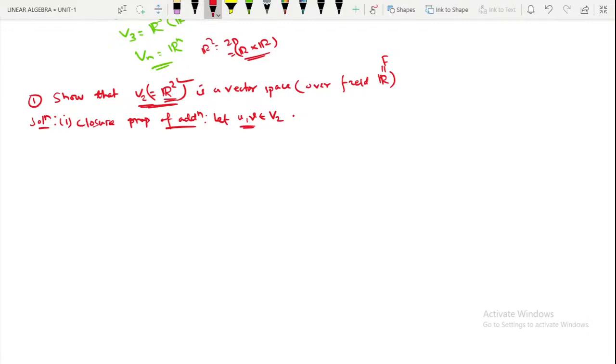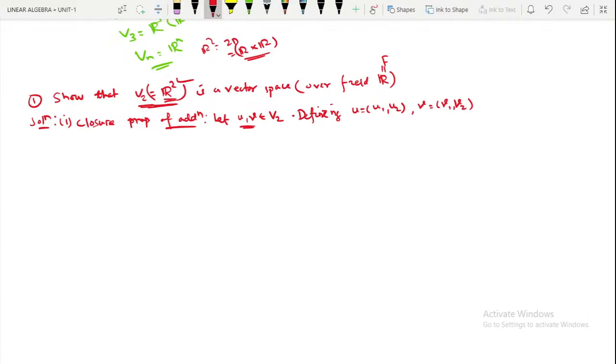Now I can define u and v as follows: u is equal to u1 comma u2. Since these are 2D ordered pairs, u equals (u1, u2) and v equals (v1, v2).